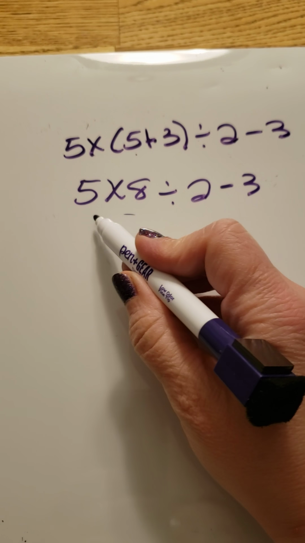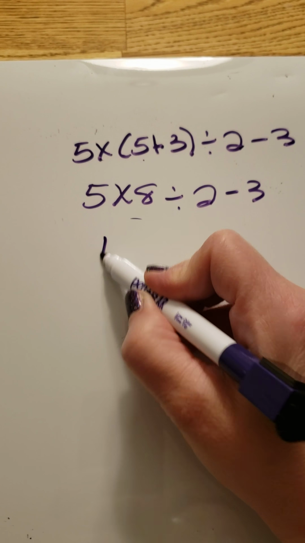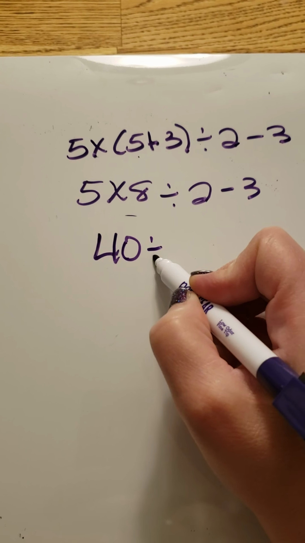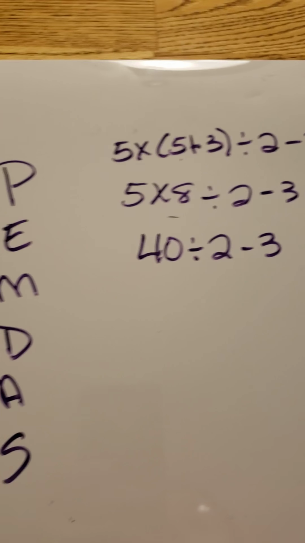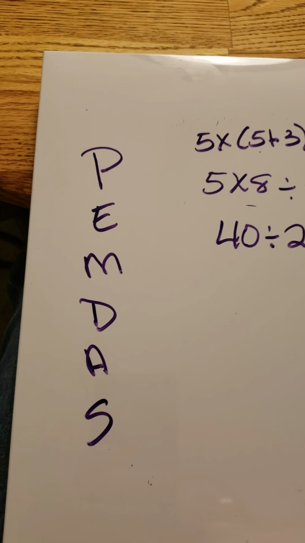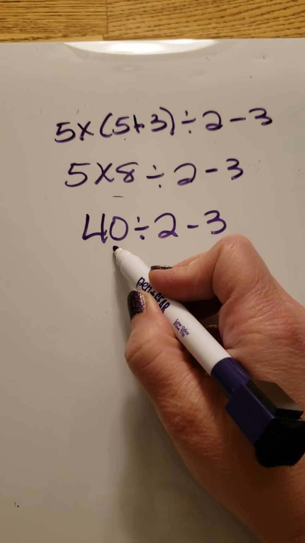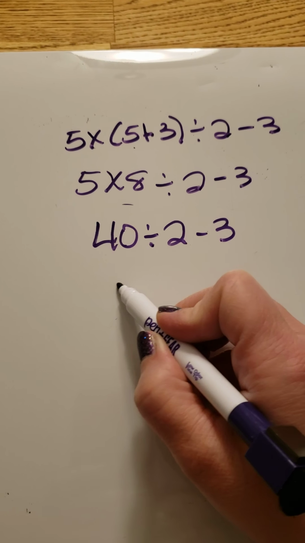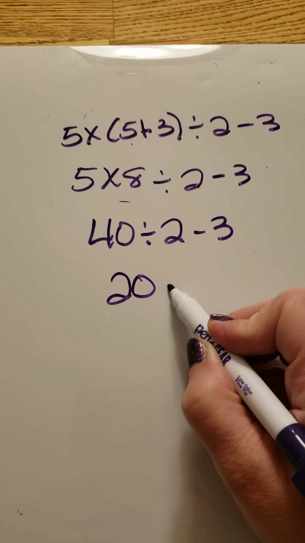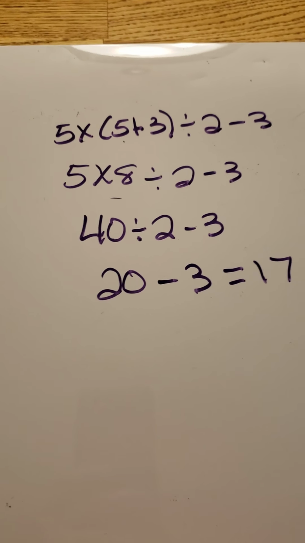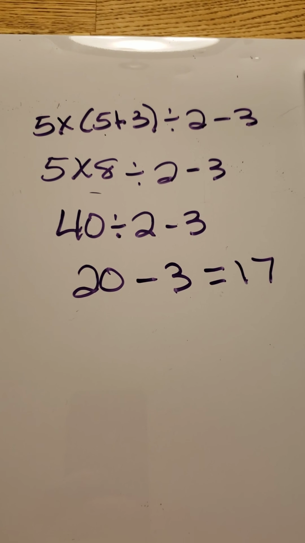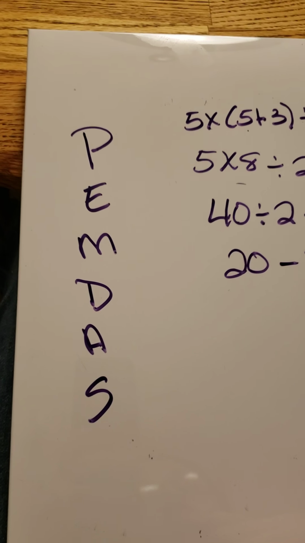Multiplication is one of them. 5 times 8, make my new row. D for division. 40 divided by 2. And then minus 3 is 17. And that is how we do PEMDAS.